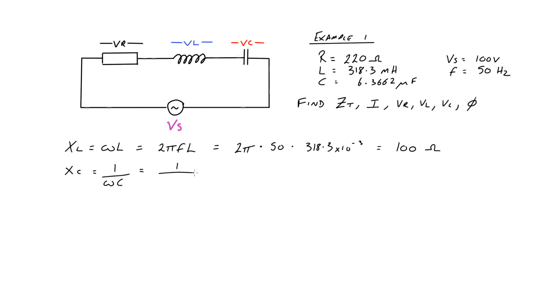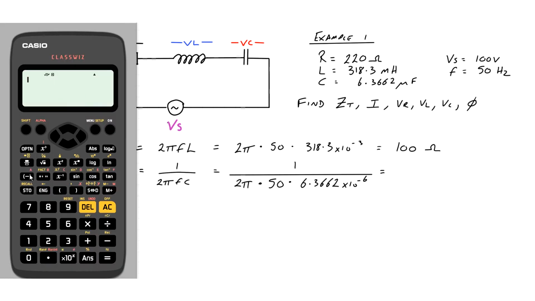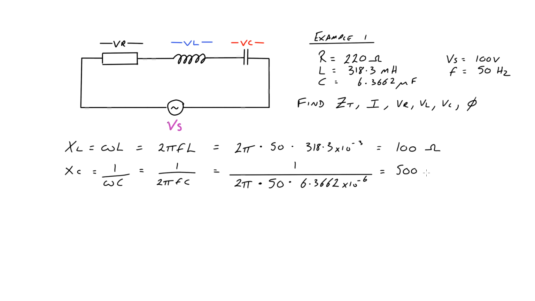XC is 1 over 2 pi times the frequency times the capacitance, which is 1 over 2 pi times 50 Hz times 6.3662 microfarads. And that is 500 ohms capacitive reactance.